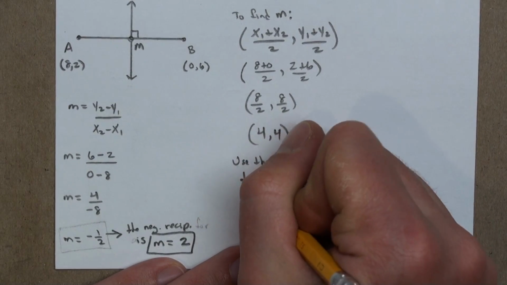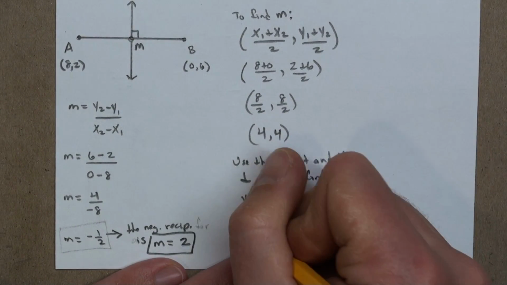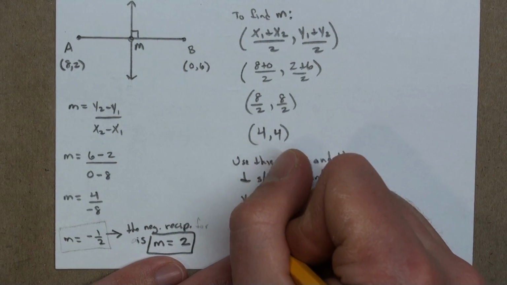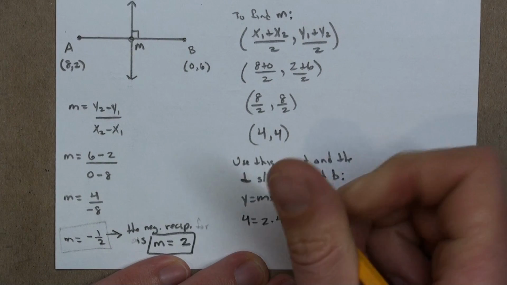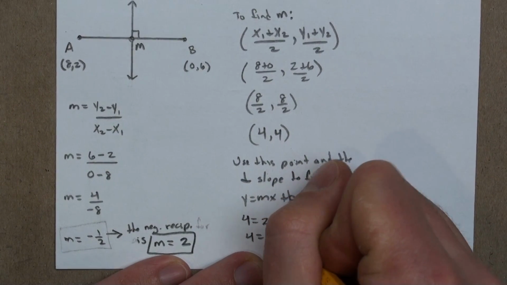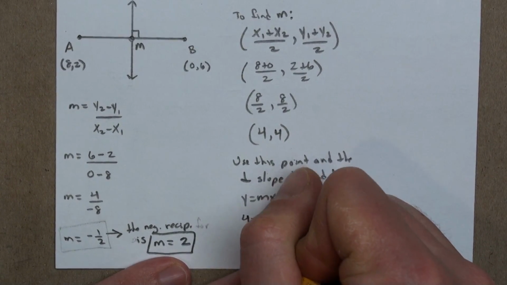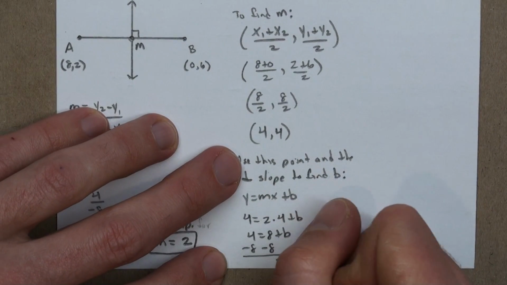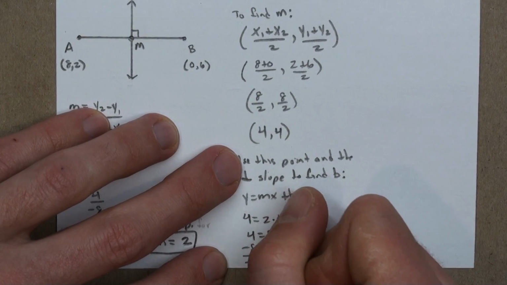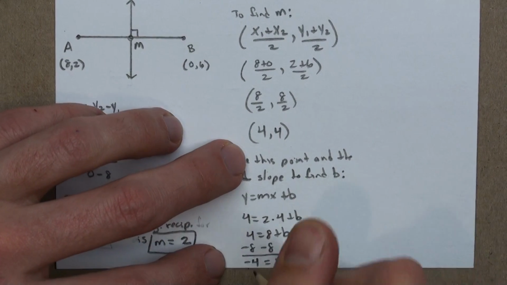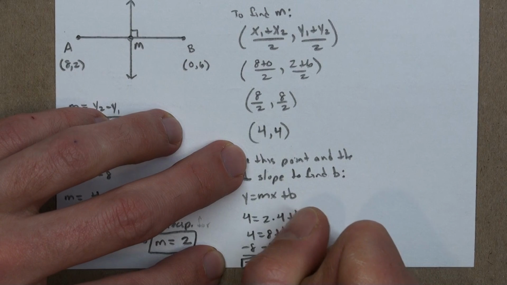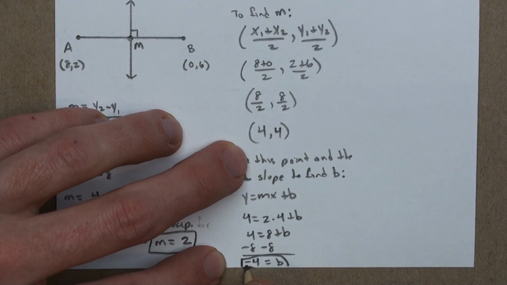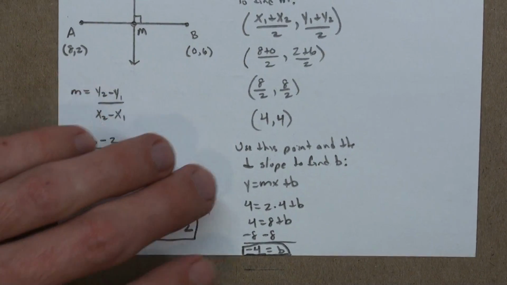So we have y equals mx plus b. 4 equals 2 times 4 plus b. 4 equals 8 plus b. Subtract 8. And we get b is negative 4. And that's an important value for us. Okay?